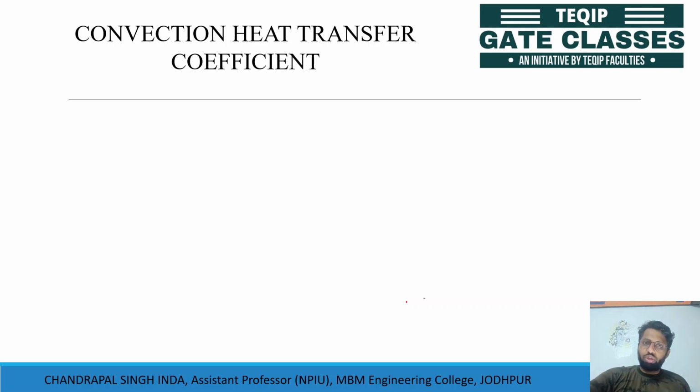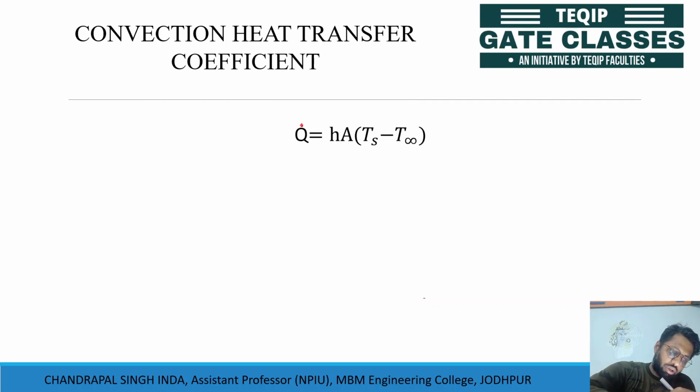According to Newton's cooling law, the rate of heat transfer, Q dot, is equal to hA(Ts minus T infinity), where h is the convective heat transfer coefficient and A is the surface area.